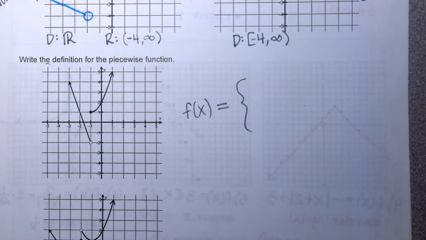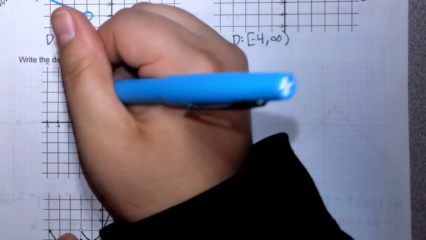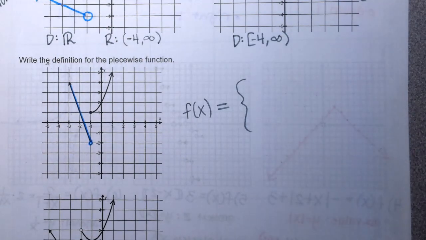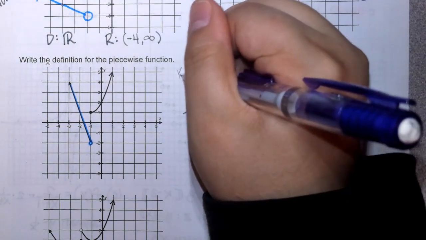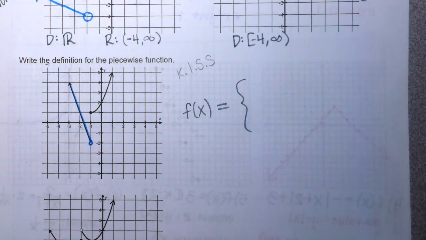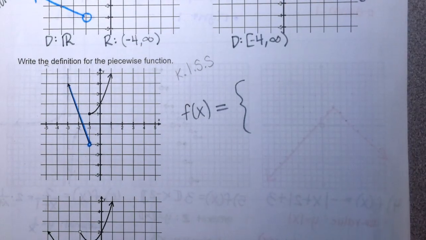What is the first graph that we have? It could be absolute value or linear. Honestly, you get to choose. I'm going to tell you KISS. Keep it simple, silly.